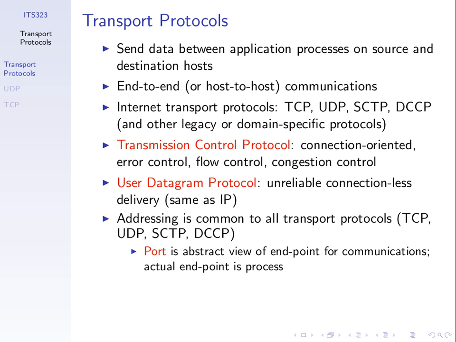So if we have two computers, some source host and some destination host, two computers somewhere in the internet, they are connected by some routers. Maybe many routers, and in between routers may be different devices, so the different subnets here.